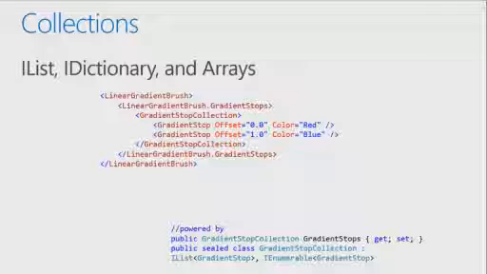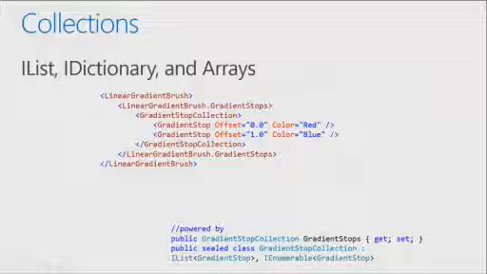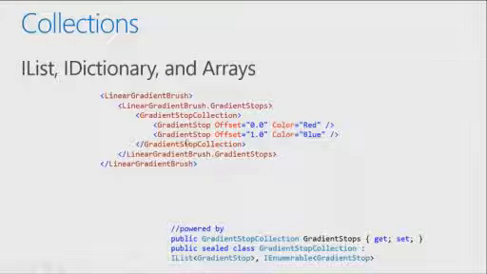Those will be very verbose, and you can see that the tool will generate all of that for you. What I'm showing you here is the syntax where gradient stops is actually a collection, a gradient stop collection, and you can see here it will have many elements. If you were declaring your own list, for example, you would do the exact same thing. You could insert multiple elements. You will see layout controls later that have multiple child elements inside of them, and we let you get away with that kind of syntax in the XML.